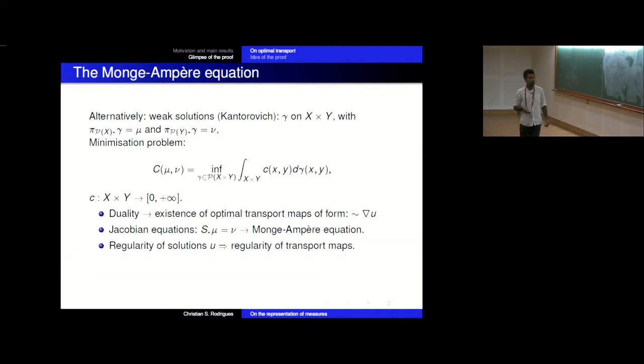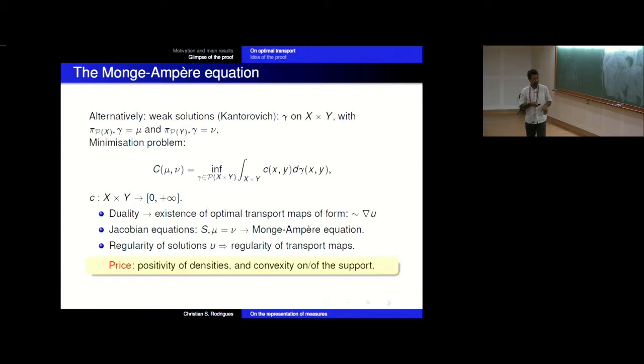Okay. But this is what we have actually done in the first work, and there is a price to pay here. The price is that you need to ask for the densities to be always bounded away from zero on the support of the measure, and you need to have some conditions on convexity of the support.